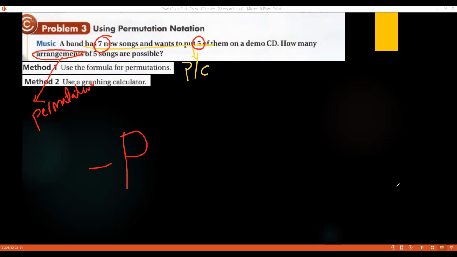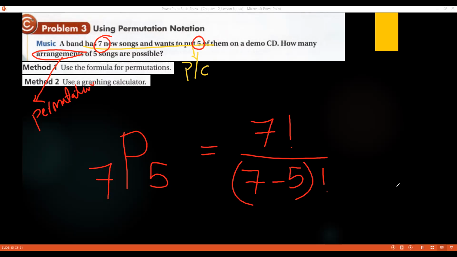We have 7 songs and I want to choose 5 from them. The greatest number, you put first, and the minimum number, you put last, like 5 from 7. Then, after you write this, you use the formula: 7 factorial over 7 minus 5 factorial, which is 7 factorial over 2 factorial.